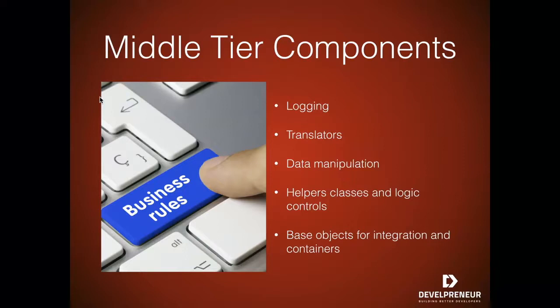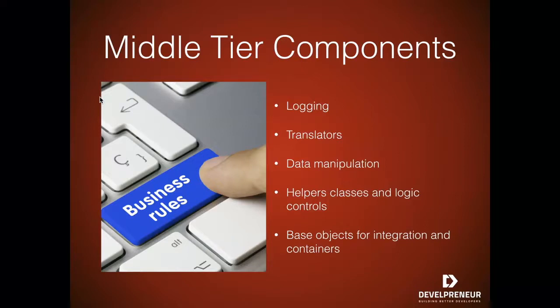You may also build some translators. This happens a lot, and it's one of those things that you tend to overlook. If you've got some sort of data that's coming in from the front end and has to be put into a different format in the back end, or even from middle tier to middle tier. For example, maybe you've got a customer record that in one section of the middle tier you're dealing with as a customer, but in another case you're dealing with just their shipping information.